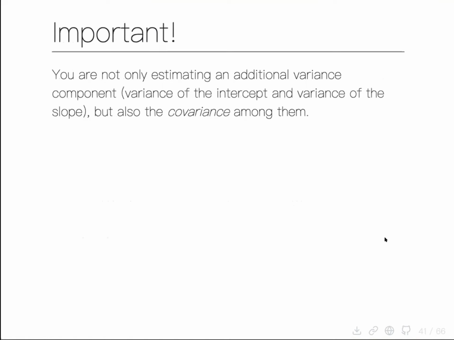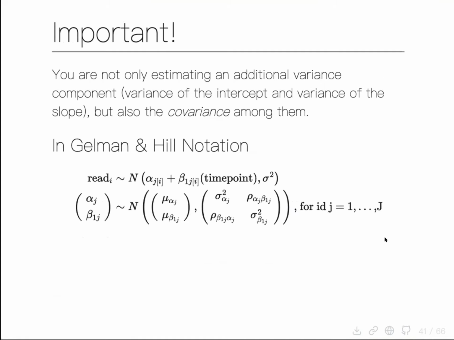All right. Another important point here, though, is that you are not only estimating the additional variance of the slope, you are also estimating the covariance between the intercept and the slope. Okay. And this is part of why I prefer the Gelman and Hill notation, is because it makes that very explicit.